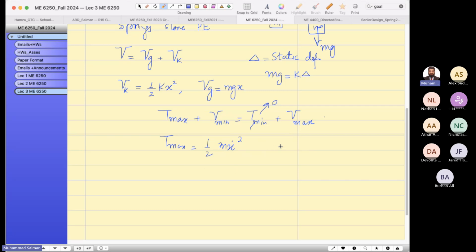And what is V max? V, the potential energy, is half K, X max plus delta square, minus mg x.